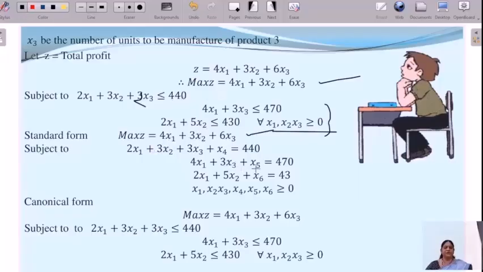Therefore, add a new variable, say x4, in the first constraint. Add a new variable x5 in the second constraint, and the third is also less than or equal to, therefore add x6 in the third constraint. All the variables which we have used to convert the given LPP into the standard form are non-negative. x1 to x6 are non-negative.